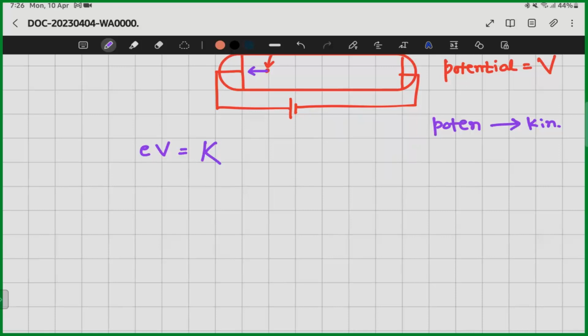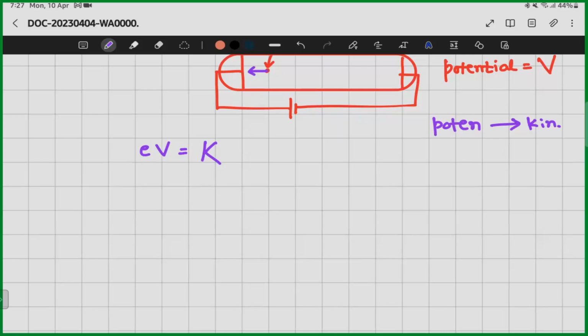Because in the first case, when we are not applying the potential difference, it is at rest, there is no kinetic energy. When we apply the potential difference, that potential difference essentially gives kinetic energy to the electron, and that's why it moves. Potential energy is converted to kinetic energy.